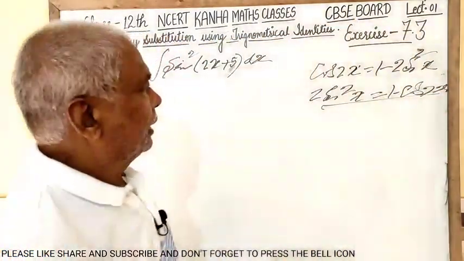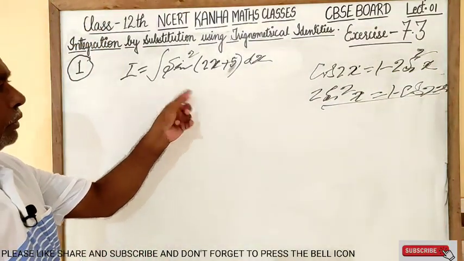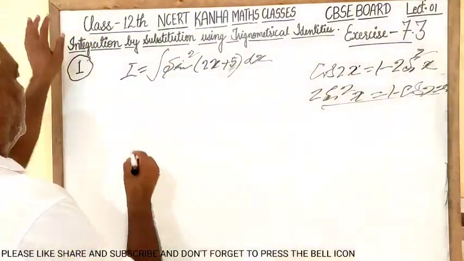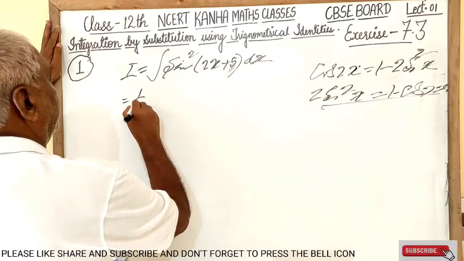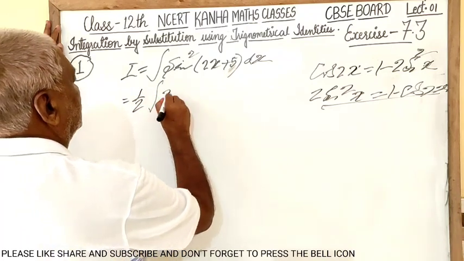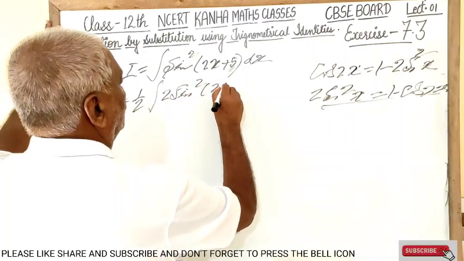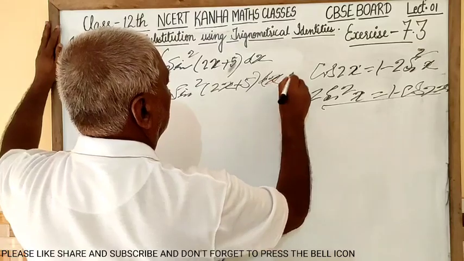This trigonometrical identity we will exercise to solve this integral. Here, first of all, we will change the shape of this integral to sin square 2x plus 5 dx.